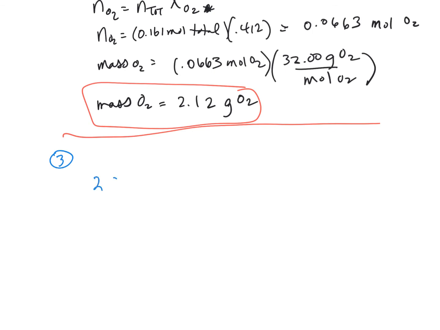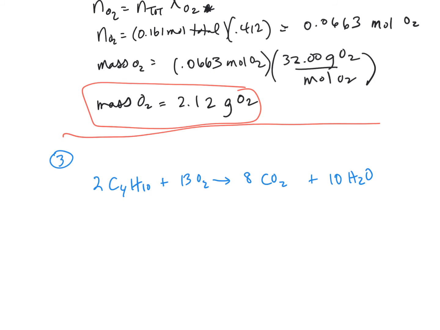So it's 2C4H10 in the gas phase plus 13 O2 in the gas phase forms 8 CO2 in the gas phase and 10 H2O in the gas phase. Okay, and just leave the phases out. You don't need them really to do the problem, so it's too much stuff to write down.